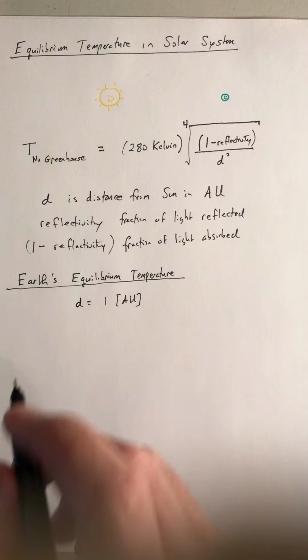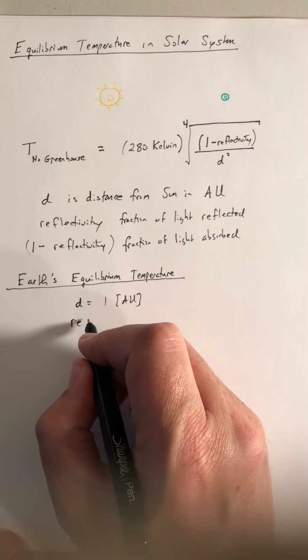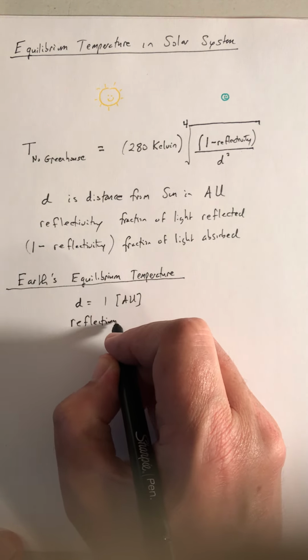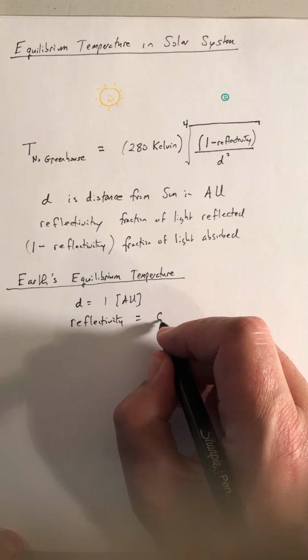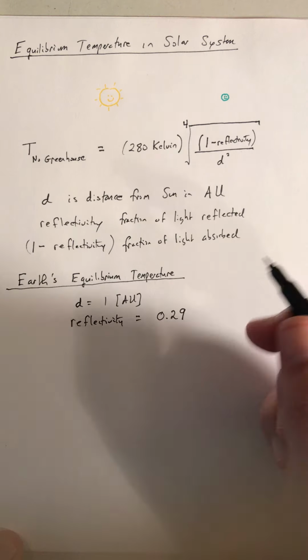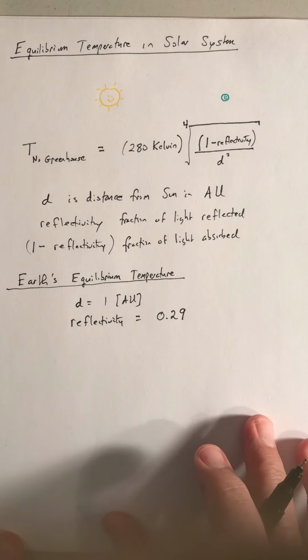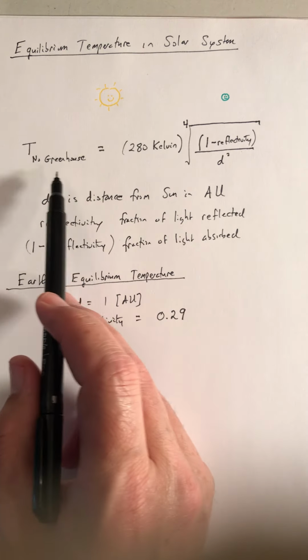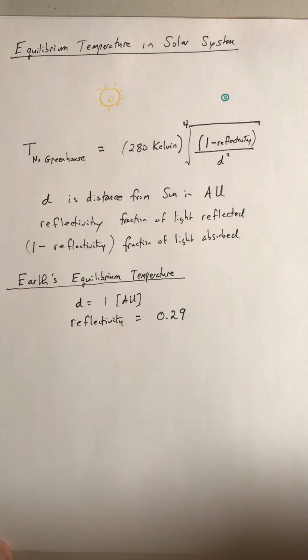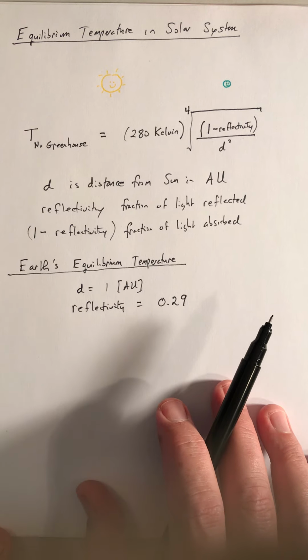Then you can look up in your textbook the reflectivity for Earth. It's actually fairly high. It's 29%, so as a fraction, 0.29. We're trying to find this no greenhouse temperature, the temperature Earth would have just coming into equilibrium with the flux of energy from the sun, if there were no impact from our atmosphere.